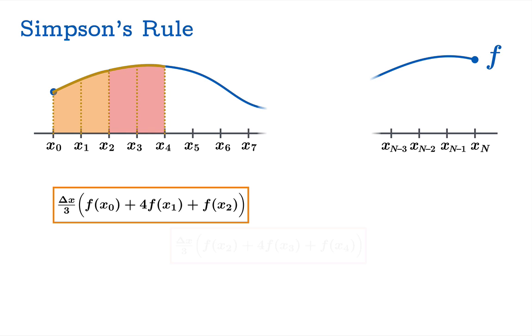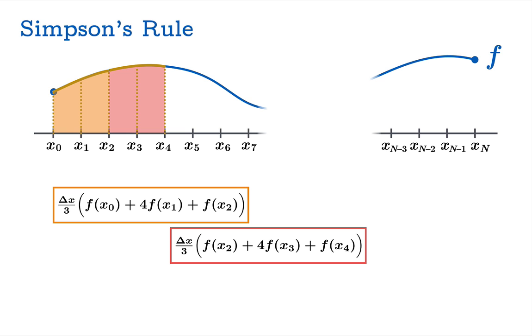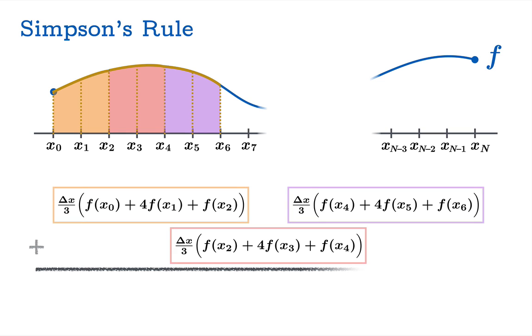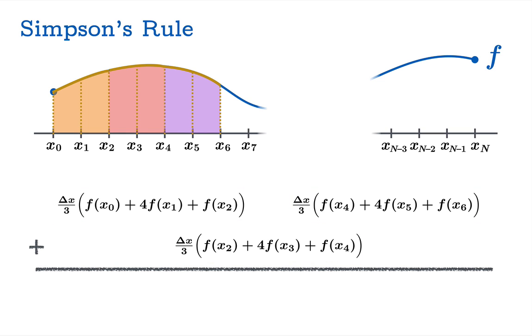The next pair of subintervals would have this expression for its contribution to the area, and then the next pair would have this expression. Now let's just pause for a moment and add these three applications of the 1-4-1 rule together and see what we get. We will factor out the delta x over 3, and then we can concentrate on adding up the other contributions.